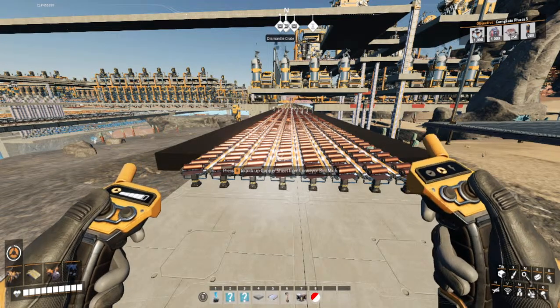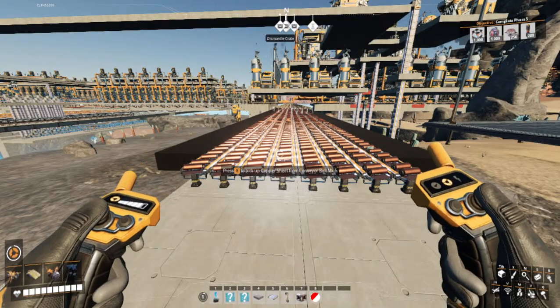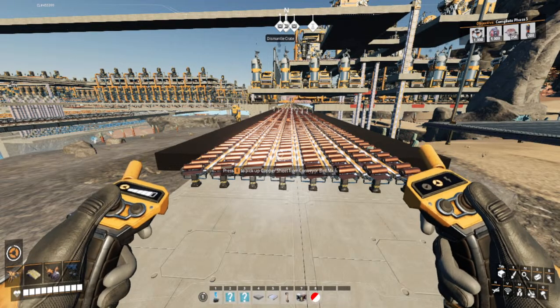So if I group it into 20s, because that would probably be the safer bet.